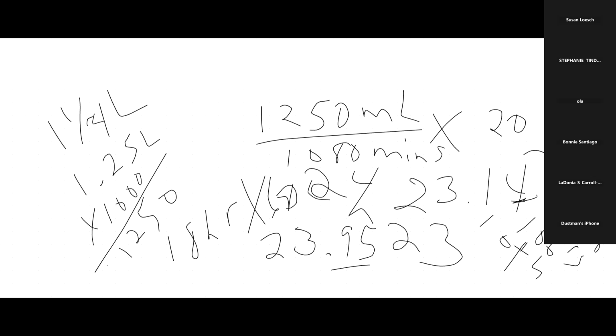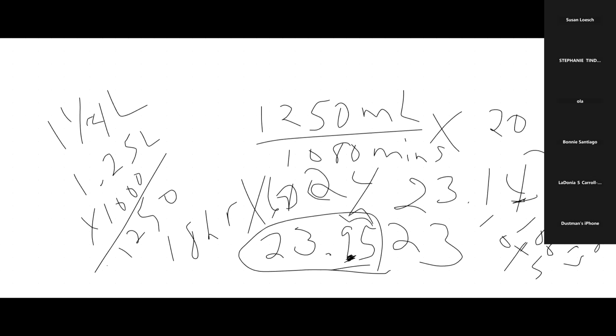Why? I'd probably put 23.9, but that'll be wrong. Because what rounds this number? That's your nearest tenth, the 5 there. The 9.5 has to round up if you're rounding. That's the rule.